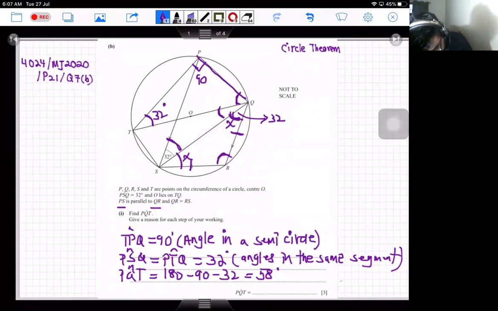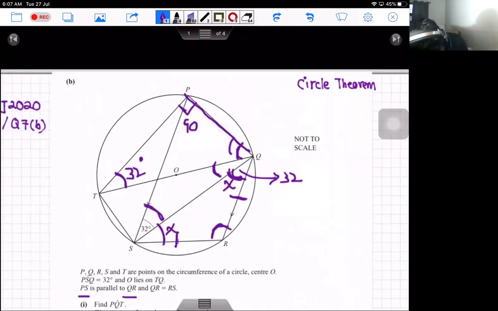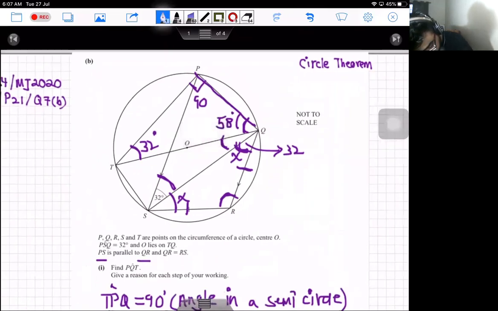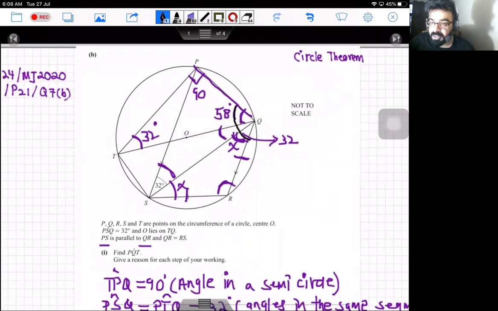This angle, which you found in the earlier part, is 58 degrees. Let me mention this over here. Once you are able to find the complete angle PQR, then you take away 58 and then you take away 32, and you will be able to find the required angle, which is angle TQS.